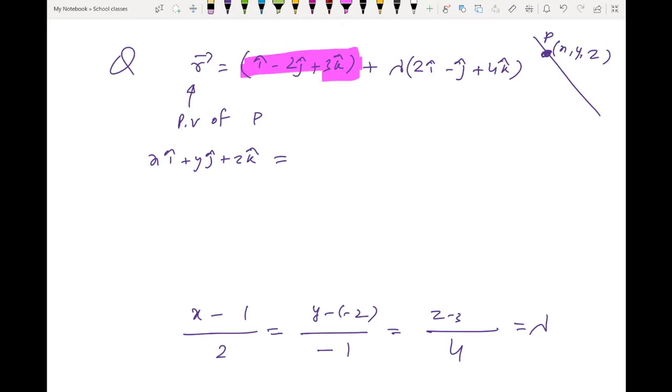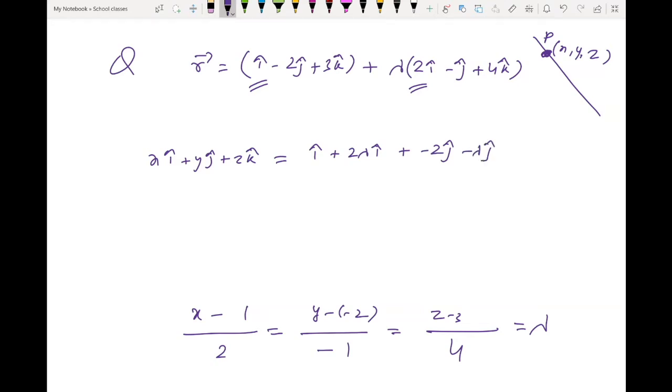Now, what to do? Just simplify the right hand side. Collect all the terms containing i cap: i cap plus 2 lambda i cap, and minus 2 j cap minus lambda j cap. Now I'm collecting terms containing k cap: 3k cap plus 4 lambda k cap.